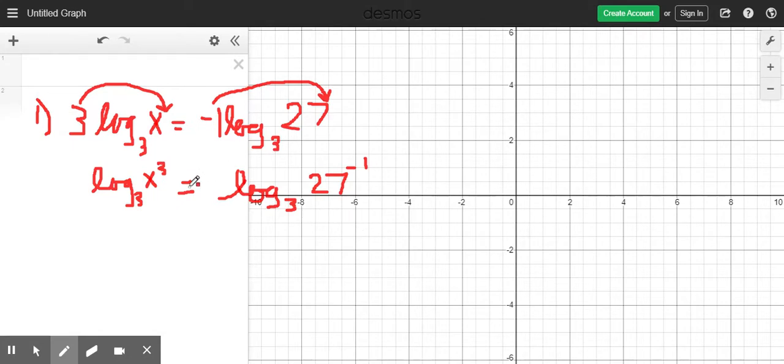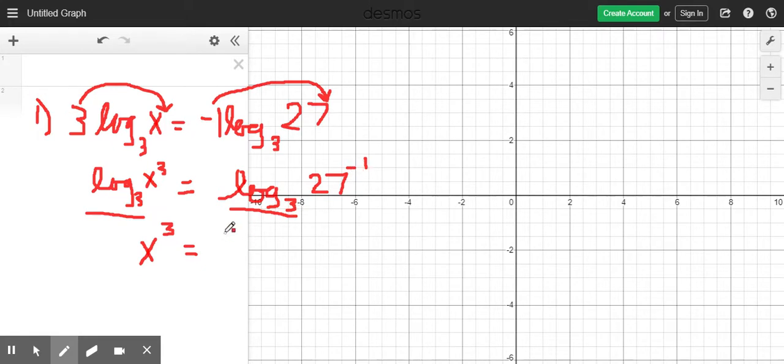Now equals means the same as, and we already have log base 3 is the same on each side. So really we can just ignore the log base 3 parts. If we can get the x to the third equal to the 27 to the -1, the whole thing will be equal. Now 27 to the -1 is actually 1/27.